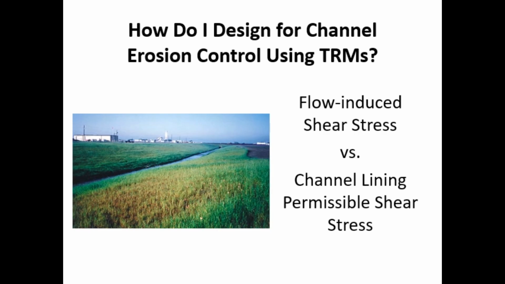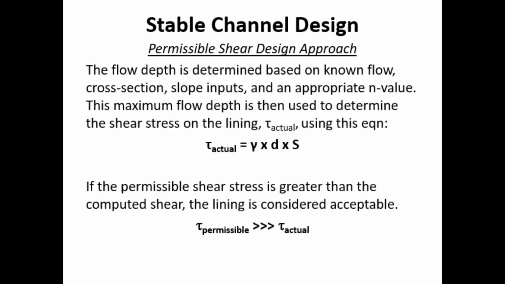The appropriate design approach is to select the channel lining that has a proven permissible shear stress level greater than the channel's flow-induced shear stress. This can also be referred to as stable channel design, or simply permissible shear design.